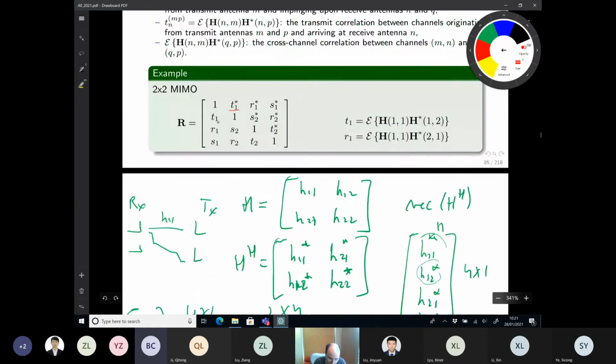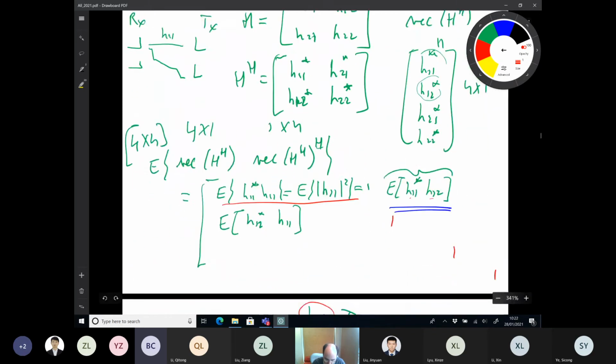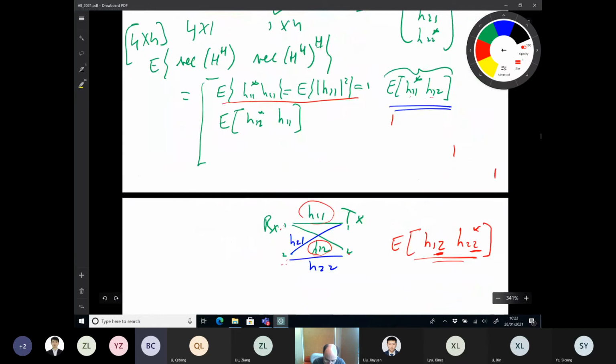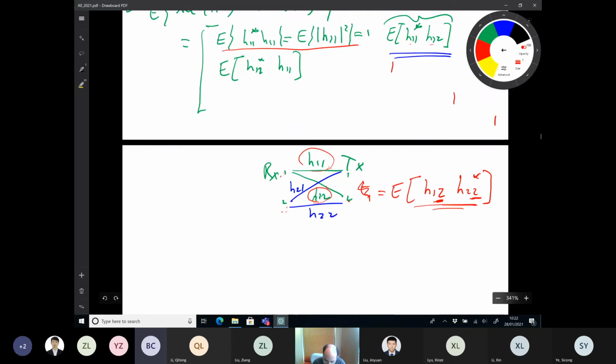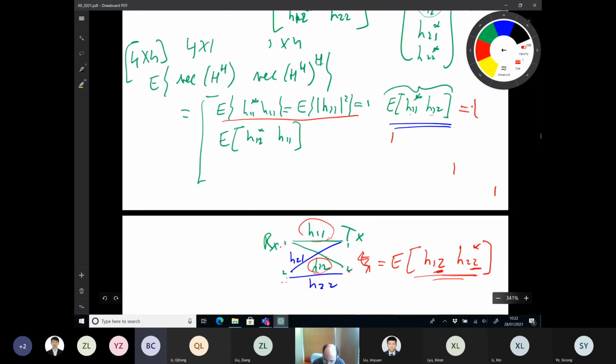You have T, the transmit correlation, and you have R, the receive correlation. T1 is when you look at transmit correlation from receive antenna 1. I look at from antenna 1 the correlation between those 2 coefficients. So it's a correlation between those 2 antennas, but from receive antenna 1. Sorry, this is not T1, T1 is there, right?